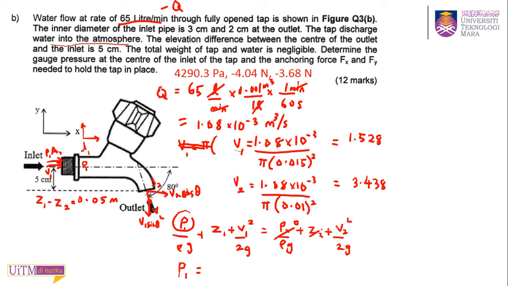Z2 is zero, and Z1 is 0.05. If you take your reference point at the very bottom, this is 0, so this is 5 cm. So Z1 is 0.05.